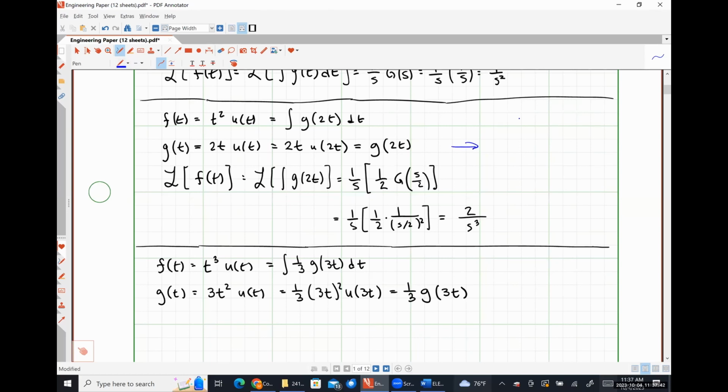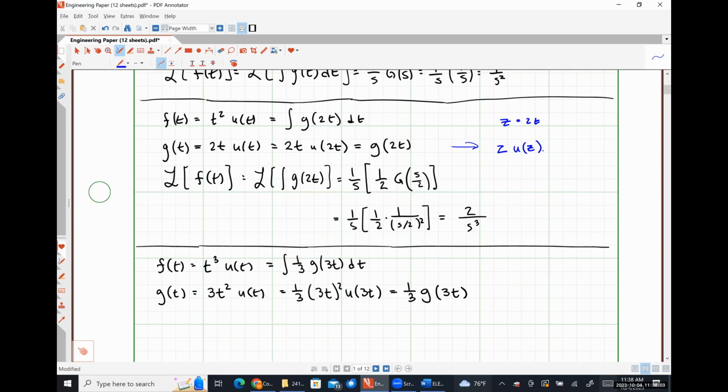If we let z equal 2t, this would just look like z u of z, right?